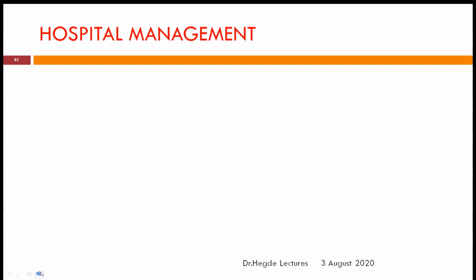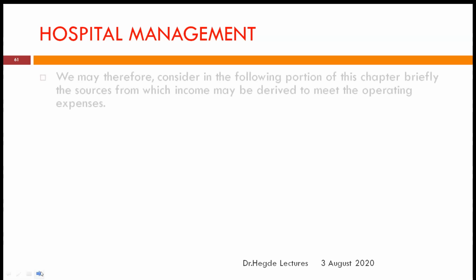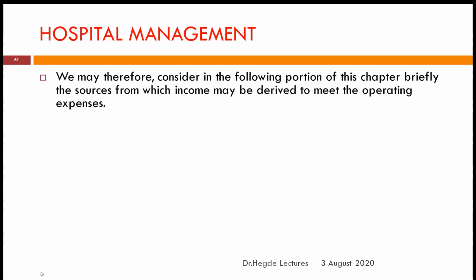Lastly, the final part of this lecture session is hospital management, because hospital management is a very important part in any institution, in any college. The management part plays a very great role. So we may therefore consider in the following portion of this session briefly the sources from which income may be derived to meet the operating expenses.